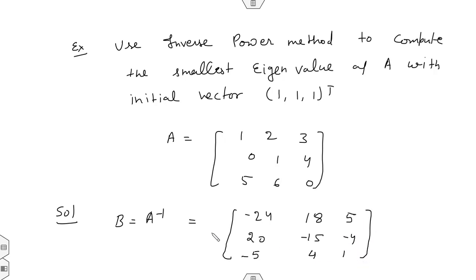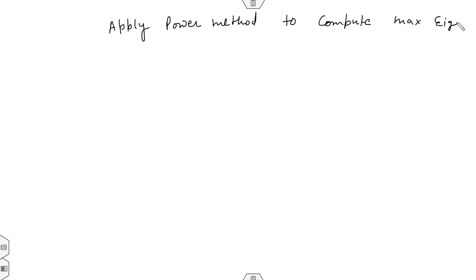This is the inverse of the matrix A. Now we will apply the power method to compute the maximum eigenvalue of the matrix B, that is, of the A inverse matrix.